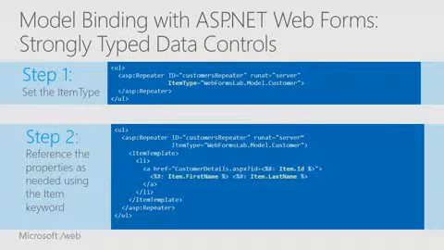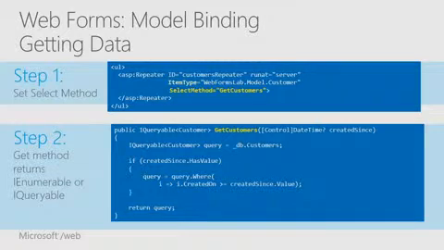You have a data binding expression, and you say Eval and then quote first name, you misspell first, and the whole thing falls apart. You rename it, and you look at that page, and you have no way of knowing what's wrong. Right. So with this, for any data-aware control, you'll set an item type to something like Customer, and then in the page you can do Item dot FirstName, LastName. You get IntelliSense, you get type checking, and you get that compilation error. You get the little red squiggly if it's not correct.